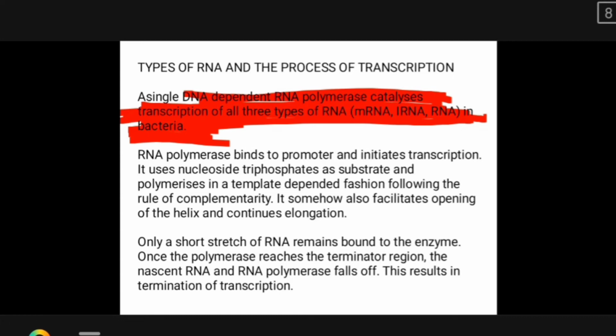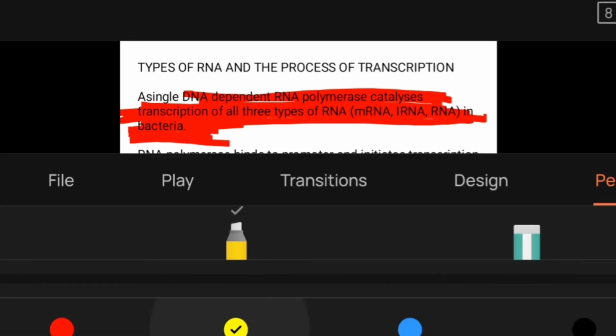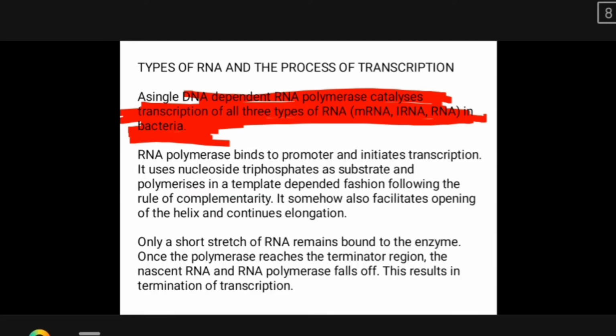RNA polymerase binds to the promoter and initiates the transcription. It uses nucleoside triphosphates as substrate and polymerizes in a template dependent fashion. This template dependent fashion is very important. It uses the nucleoside triphosphates as substrate and polymerizes in a template dependent fashion following the rule of complementarity.